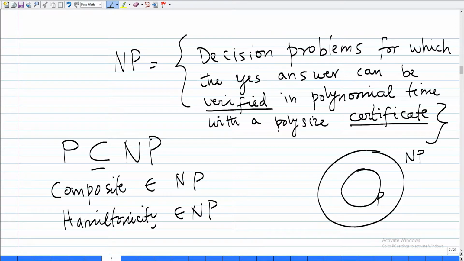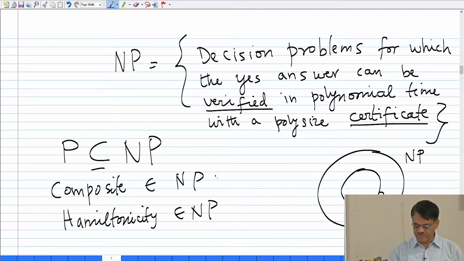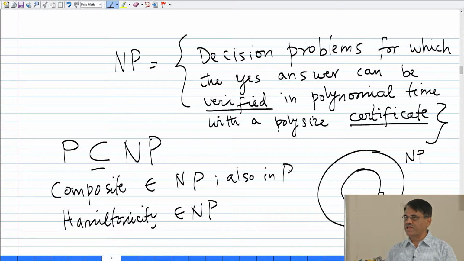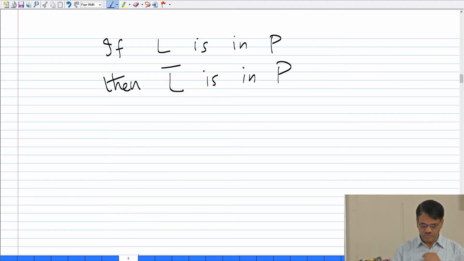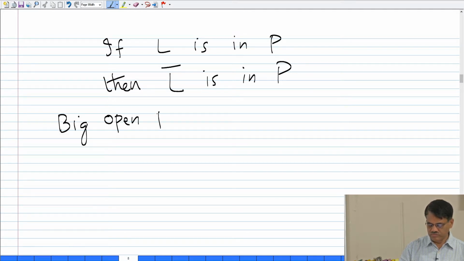So, this is true for polynomial time algorithms, okay, good. Because of that reason, compositeness is not just in NP, also in P, but anything in P is in NP anyway. So, good. Now the big open problem is the converse true, right?